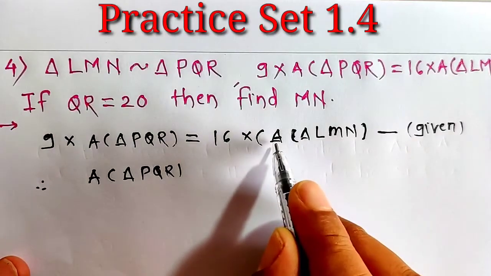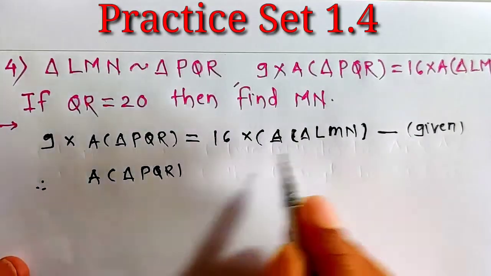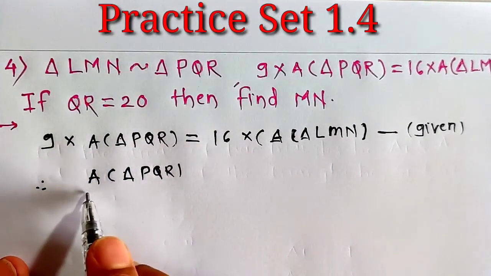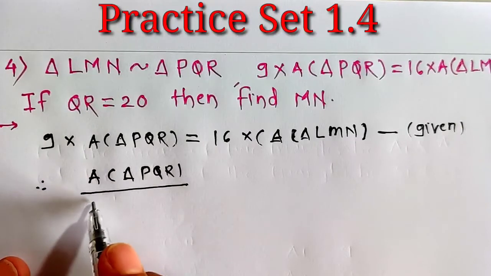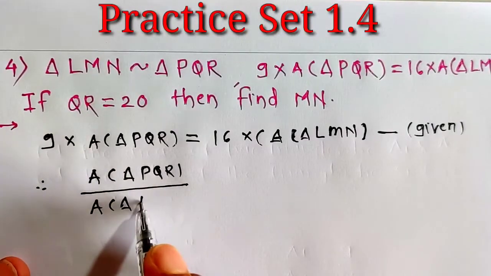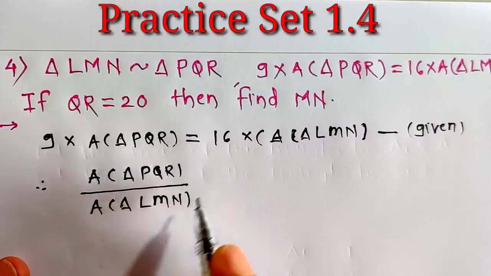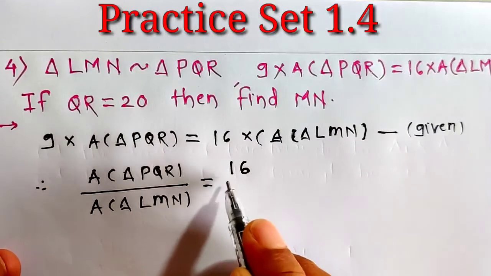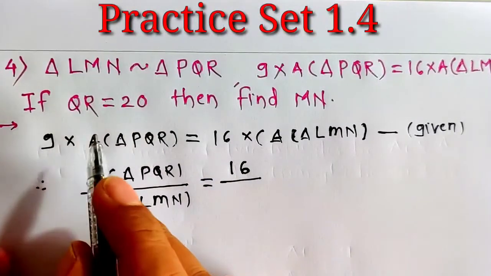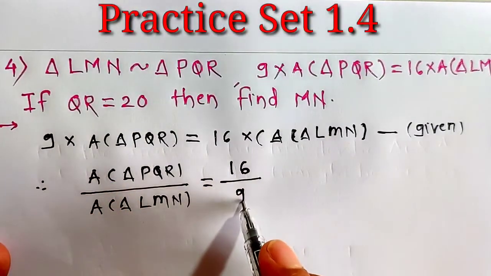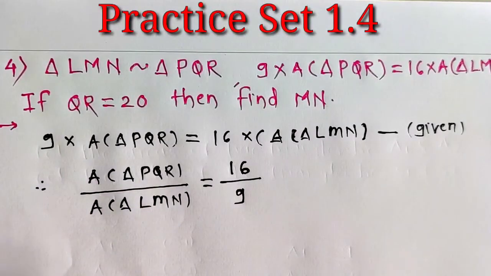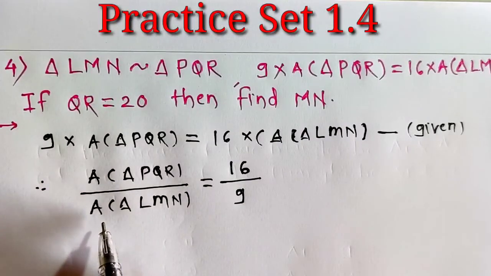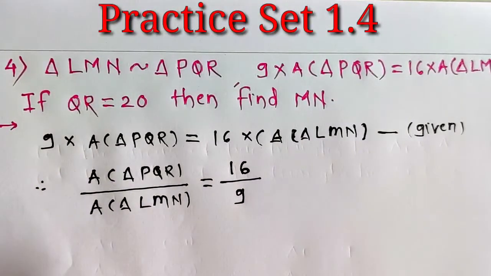Now if we write this term, area of triangle LMN, to the left hand side, this term goes into the denominator. Here it is multiply, that's why it becomes divide. So divided by area of triangle LMN is equal to this 16 as it is on the right hand side, divided by this 9, multiplied by, so that becomes divide, is equal to 16 by 9. So area of triangle PQR divided by area of triangle LMN is equal to 16 by 9.